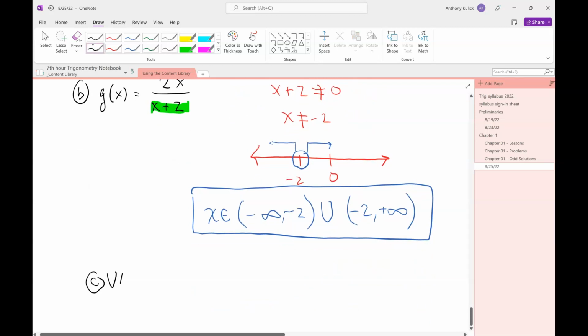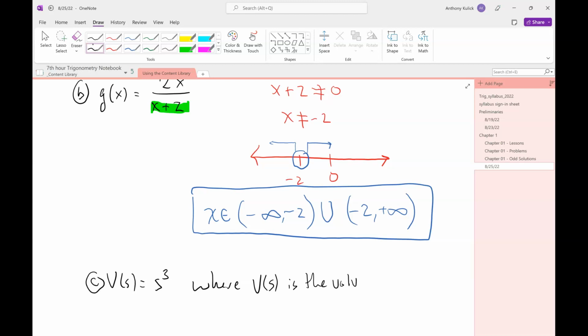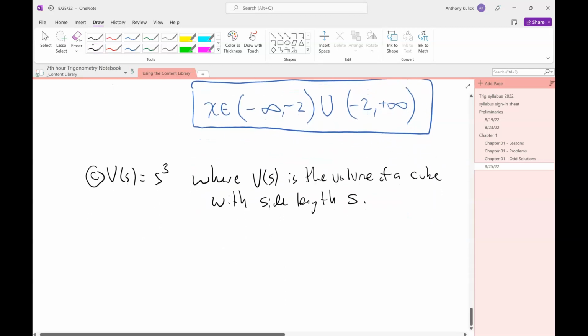Last example here for domains. So the last example here, we have V of S is equal to S cubed, where V of S is the volume of a cube with side length S. Here, we have some context, right?